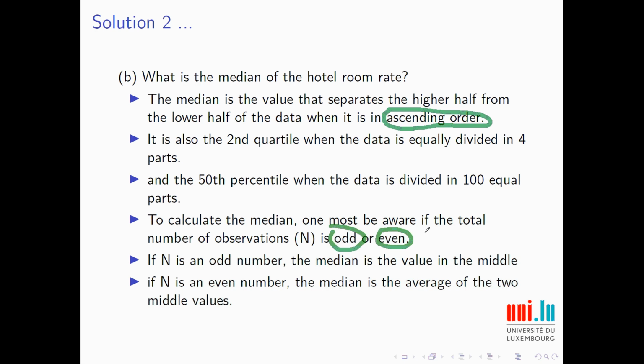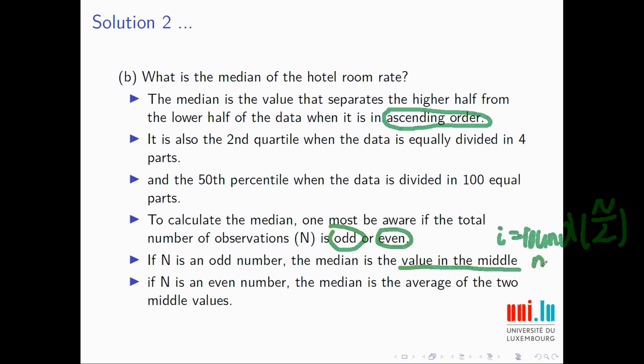If n is an odd number, the median is the value in the middle, so you just have to find this position. You calculate it this way, and we just have to round it: n divided by 2.